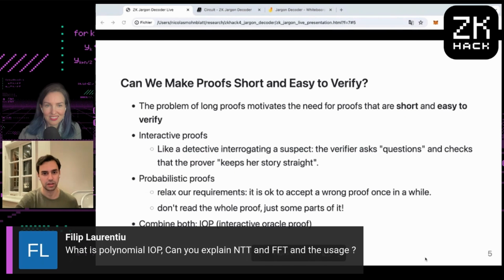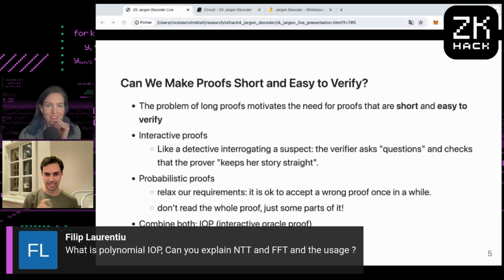So it's multiple rounds, and with every round the prover says something, but the verifier only checks a small part of what the prover said. In a polynomial IOP, the prover can only say polynomials. So the prover sends polynomials, and the verifier doesn't need to read the whole polynomial and can just evaluate the polynomial at a specific point.